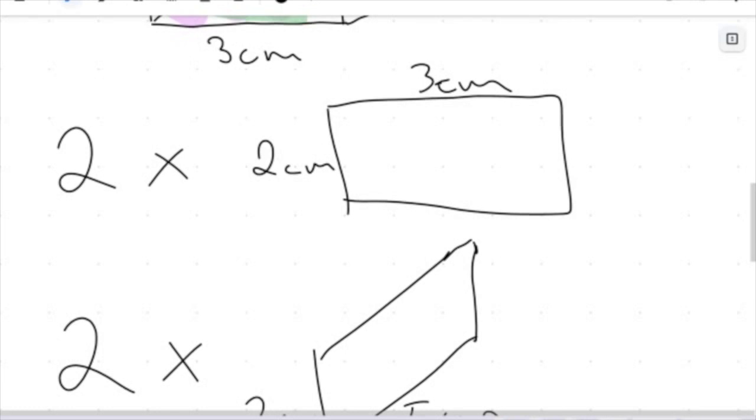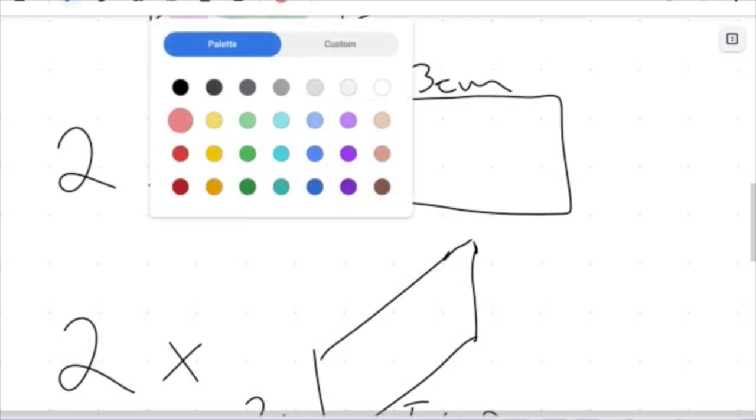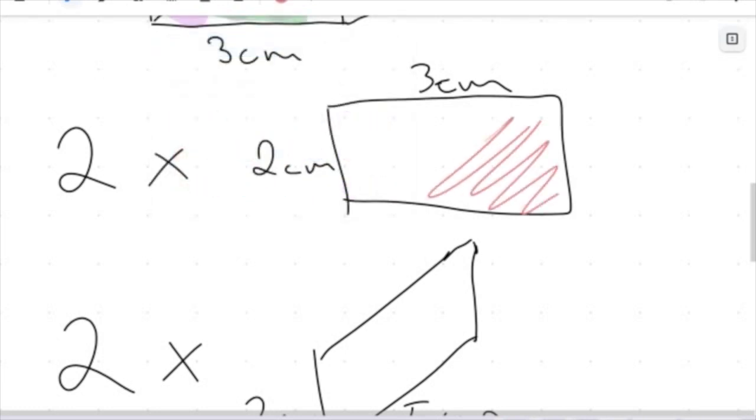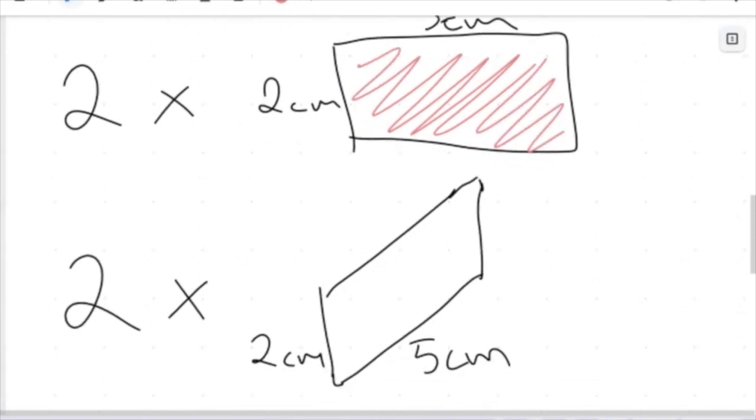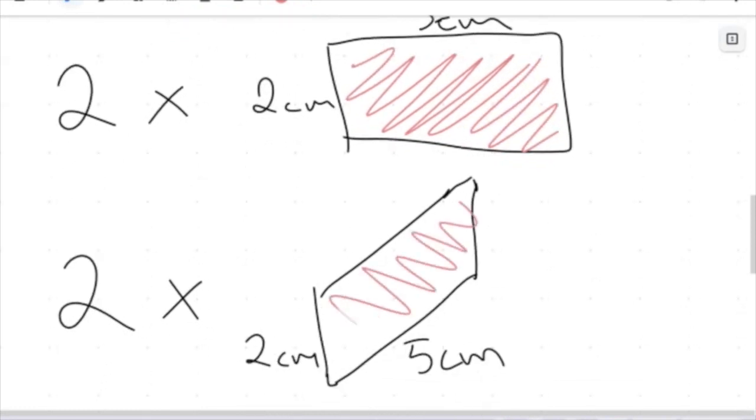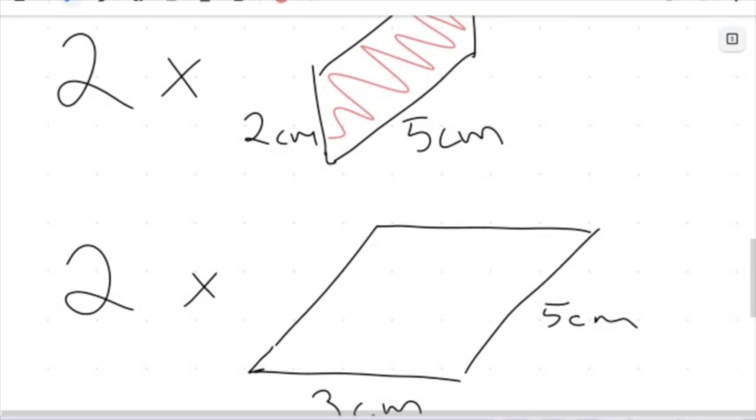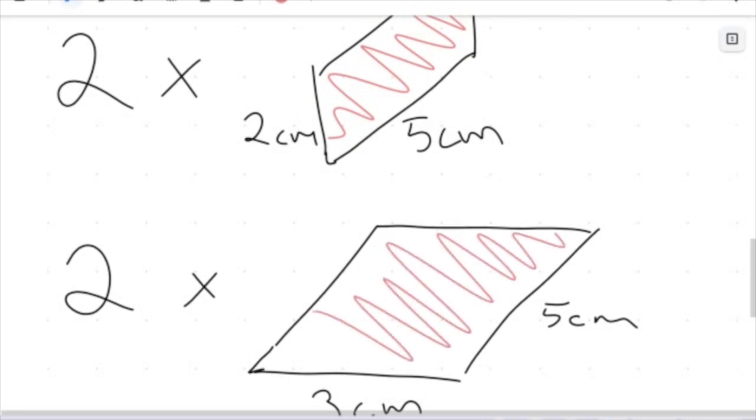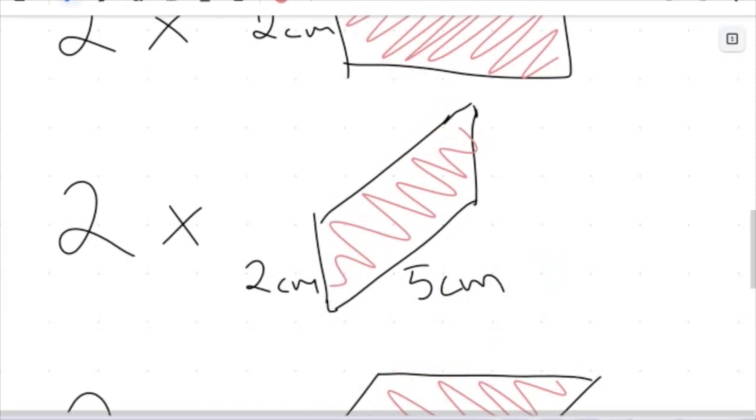So to find the area of these, I just want to individually find this area, and this area. And I have 2 of each of those, so I'm going to multiply by 2. And then I want the total surface area, so I'm adding all of those together.